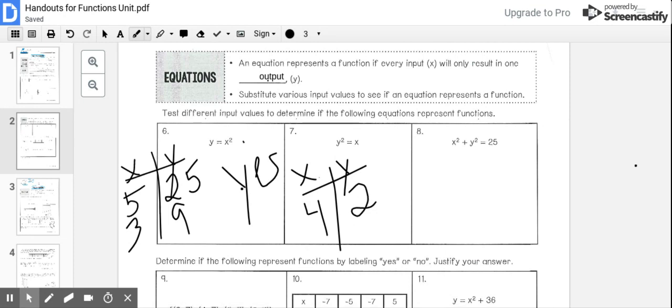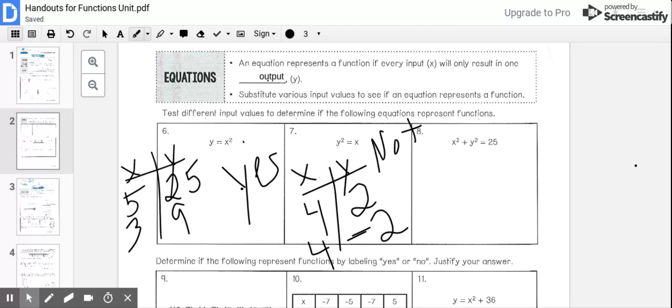Well, no, because if x is 4, you can also say negative 2 squared, because negative 2 times negative 2 is 4. So this is one where it's not a function because x could be paired with 2, but it could also be paired with negative 2. So it would not be a function.